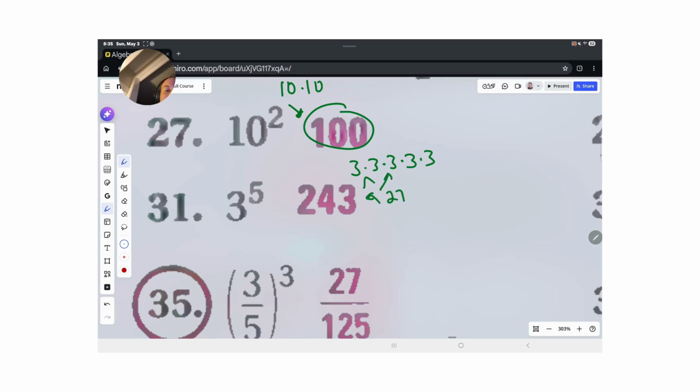Times 3 is 27. Times 3 is 20, 40, 60. 7, 14, 21. That would be 81. Times 3, 8, 16, 24. 240, sorry. 240 plus 3 will be 243. Yes, that will check out. 243.